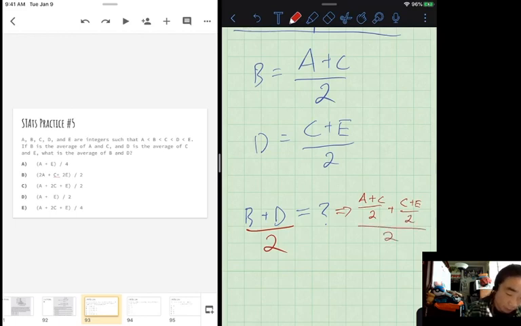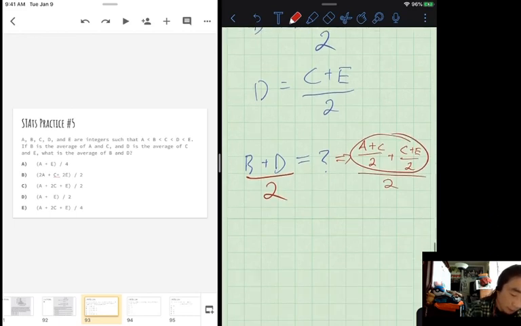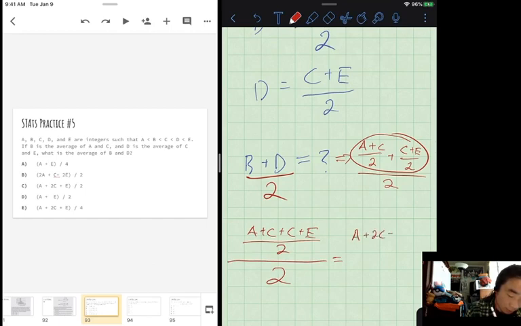We'll focus on this first part. We can rewrite it A plus C plus E all over 2. We're adding fractions, and all that is being divided by 2. We can then simplify A plus 2C plus E all over 2, divided by 2.